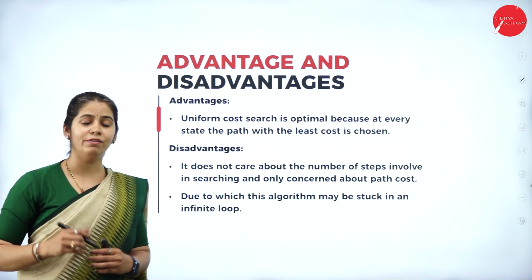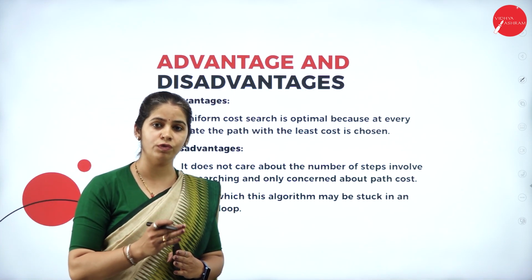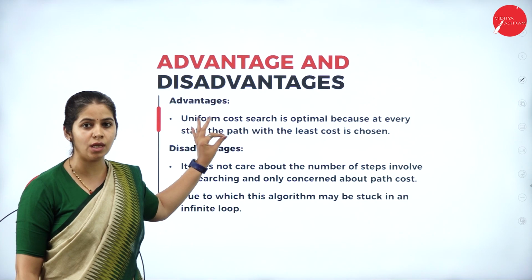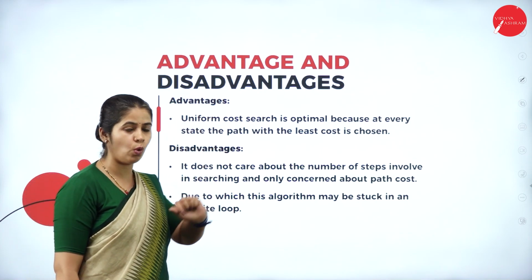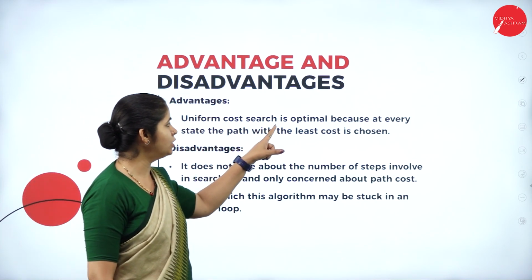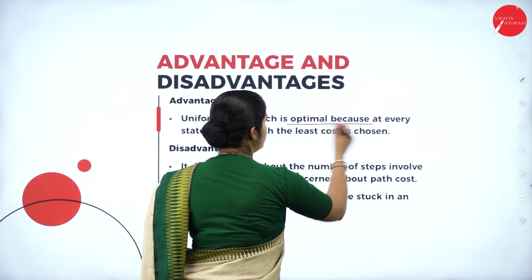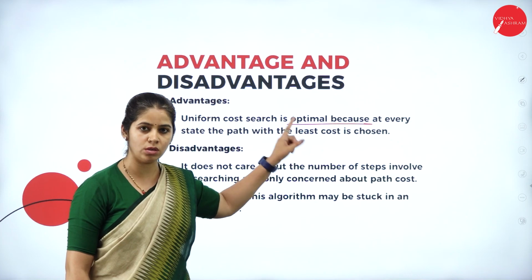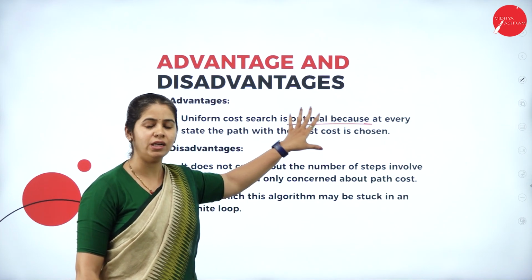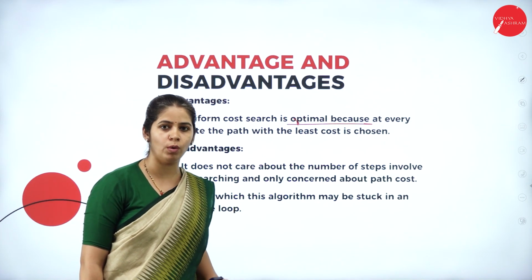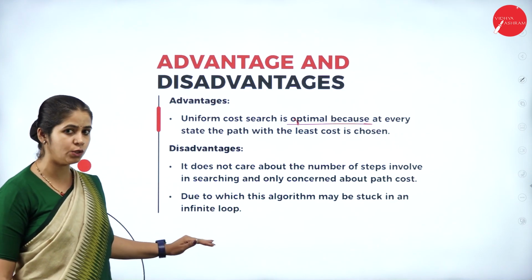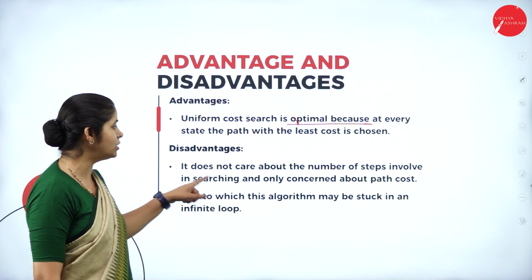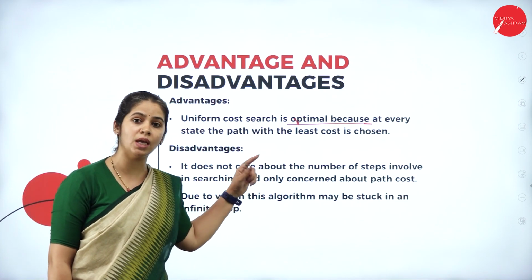Next, let us see the advantage and disadvantage of uniform cost search. As we are reaching, we are getting the optimal solution. That is a major advantage. Uniform cost search finds the optimal solution because at every state the least cost path is chosen. That is the greatest advantage of uniform cost search. The disadvantage of this searching algorithm is that it does not care about the number of steps involved.